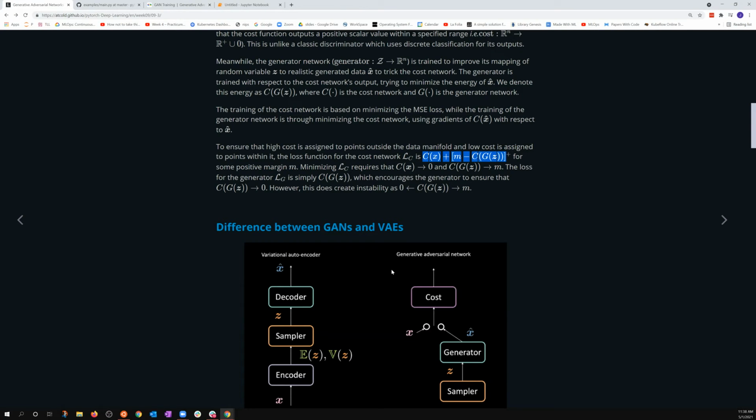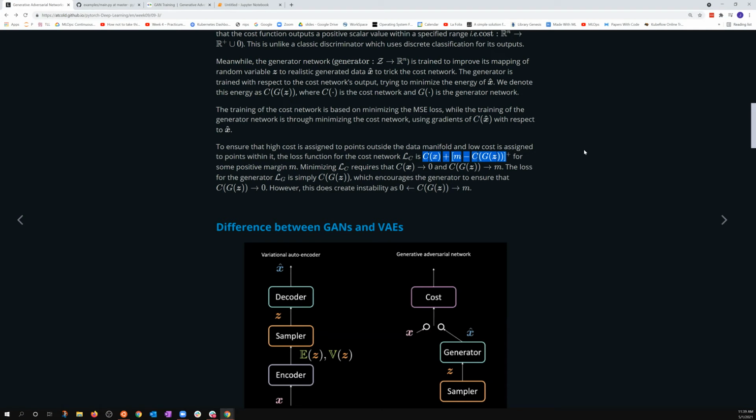But then what is to prevent the cost of G of Z from just continuing to increase? Because if C of G of Z is much larger than M, then it would still be negative, which means that the right part would still be 0. So what constrains that? Because we don't want it to just keep growing. And if we want it to increase, then there has to be something constraining it to be just marginally above M. That's the part I don't get.